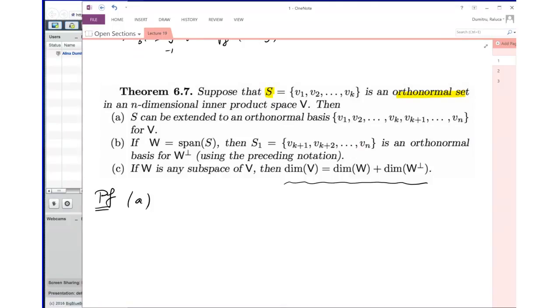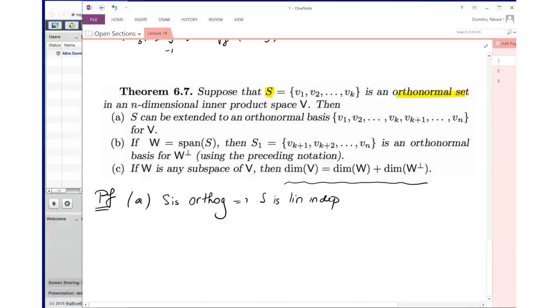Okay. Why is that? Well, because S is an orthonormal set. It is in particular orthogonal, right? Which we know implies it is linearly independent.